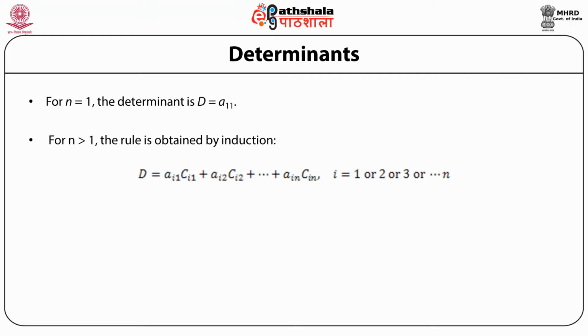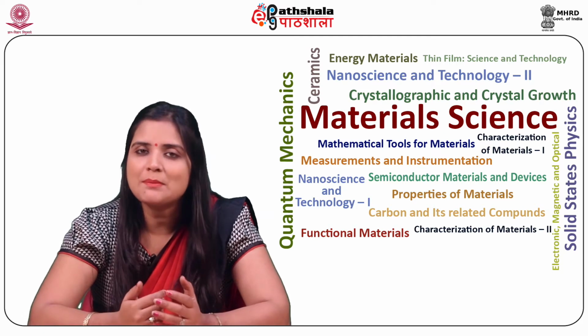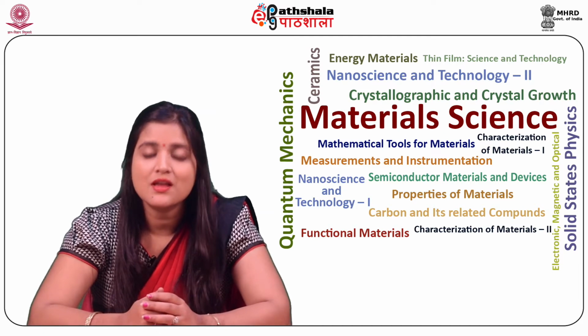Or equivalently, I can write the above expression as D equal to a1j times c1j plus a2j times c2j plus so on till anj times cnj, where j can take any value lying between 1 and n. Let us now discuss some simple properties of determinants.